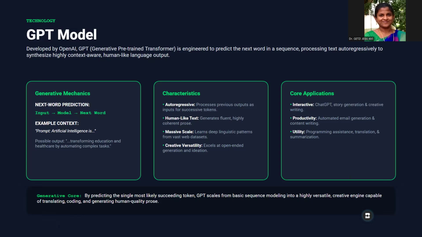We summarize data, summarize images, generate content, generate code, generate class notes, automate email generation, content writing, programming assistance, translations, everything is done using this GPT model.